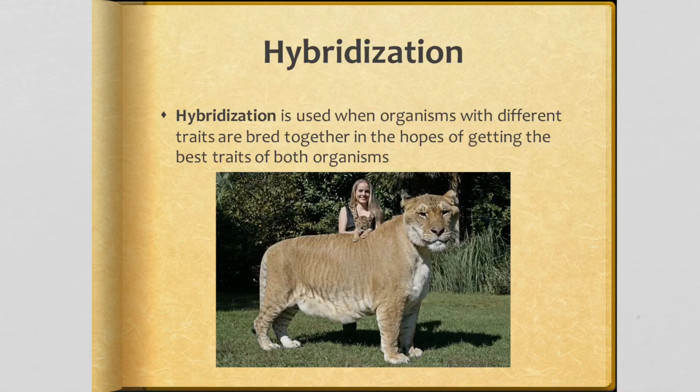So you're combining organisms that have very drastically different traits in hopes of getting the perfect mix. And you can see an example here is the lion and tiger mix called a liger. That's kind of different because you're using two different species, but it's an example of hybridization, taking organisms with drastically different traits and mixing them together to get a mix of both traits.